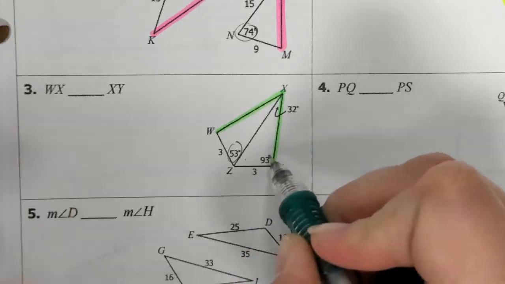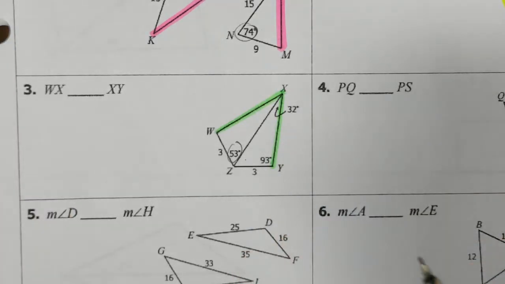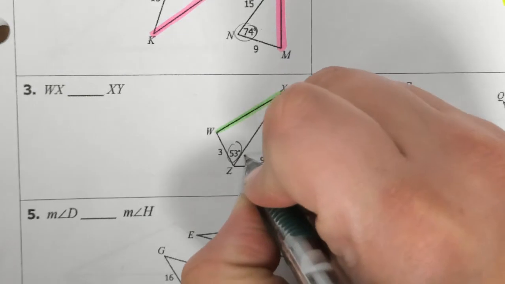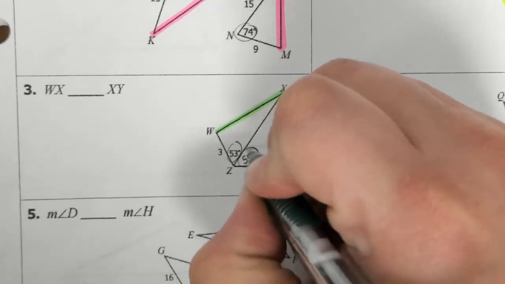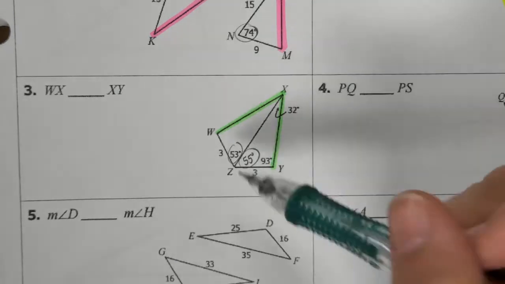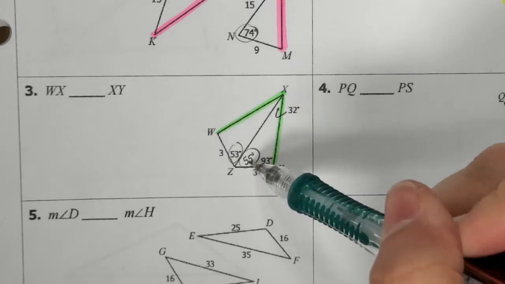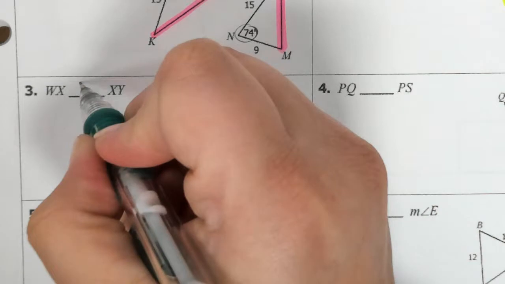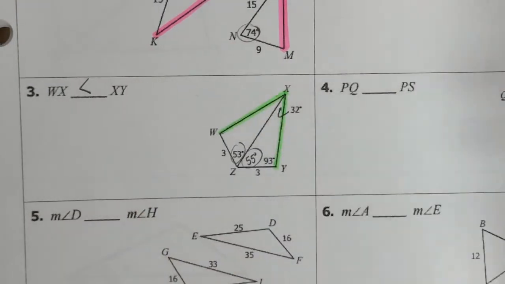So we're going to have to add these up. So 32 and 93, and we subtract that from 180. And that would give us 55. Okay. So we know that 53 is smaller than 55. So WX has to be less than XY.